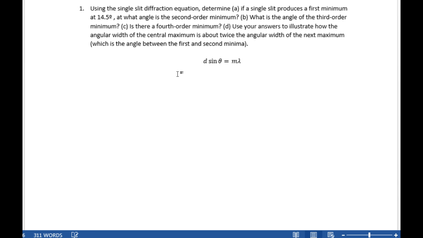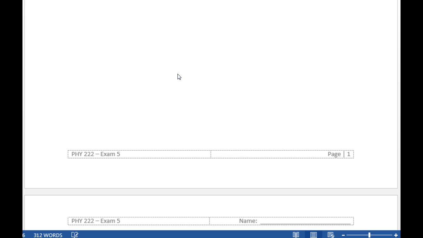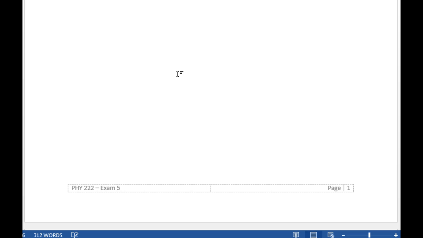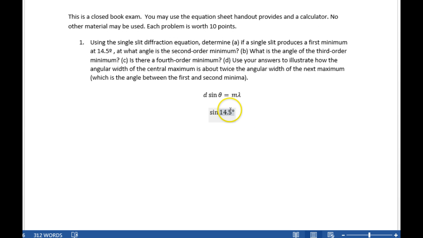And so we know that sine of 14.5 degrees equals lambda over d, right? So we now know what lambda over d is.